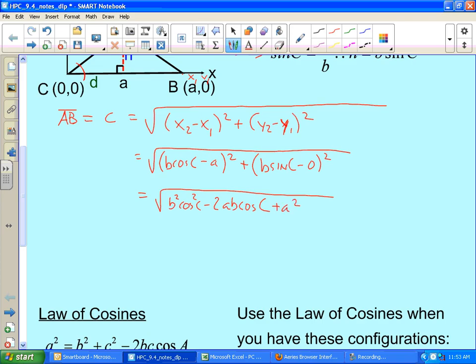That's just squaring b cosine C minus a. And I add b squared sine squared C. And then that's it, because I don't do negative 2 times 0 times b sine C, because that just becomes 0.